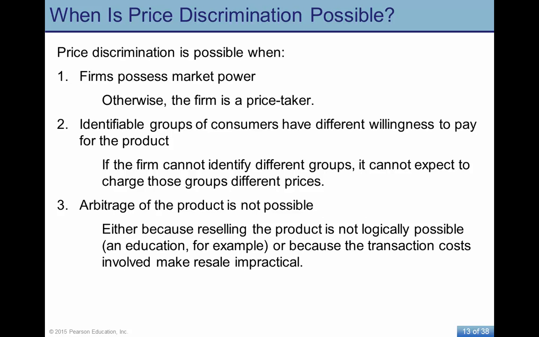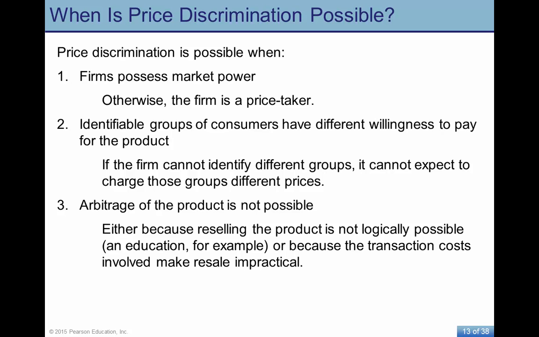When is price discrimination possible? Price discrimination is possible when firms possess market power, like a monopoly. Otherwise, the firm is a price taker. Identifiable groups of consumers must have different willingness to pay for the product.